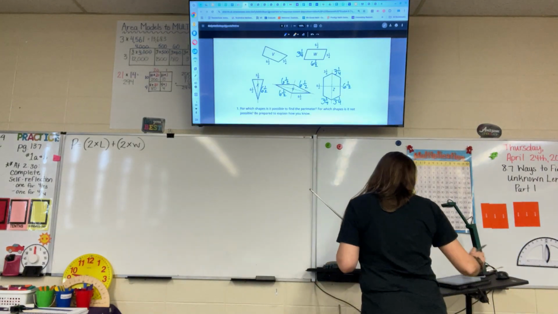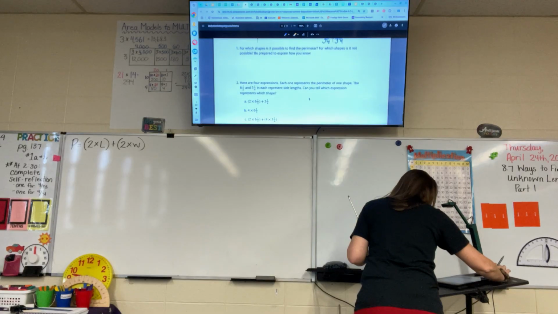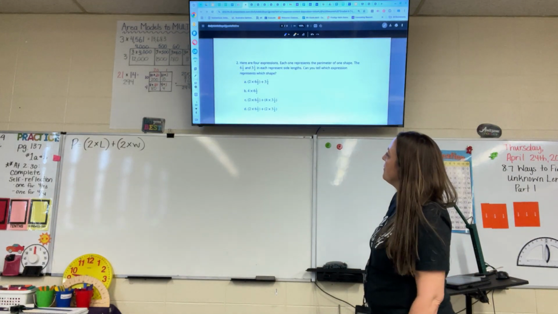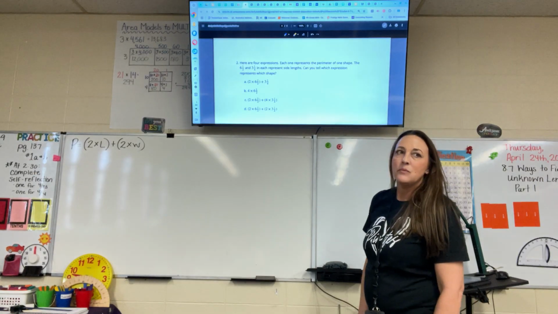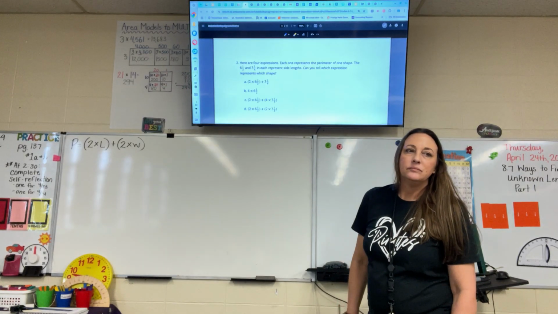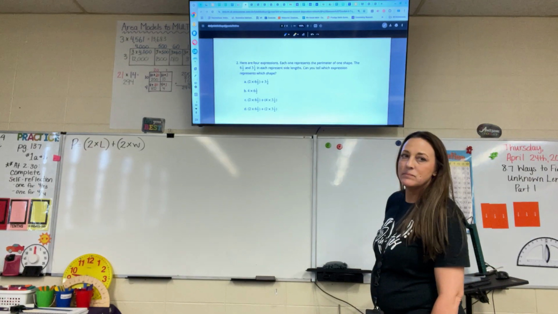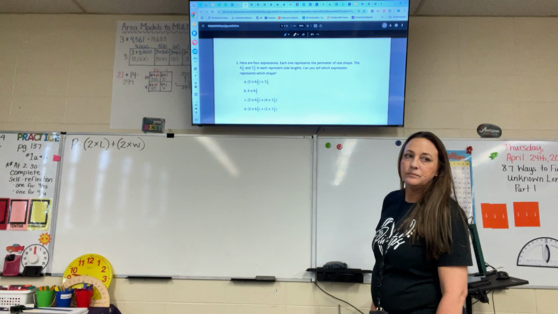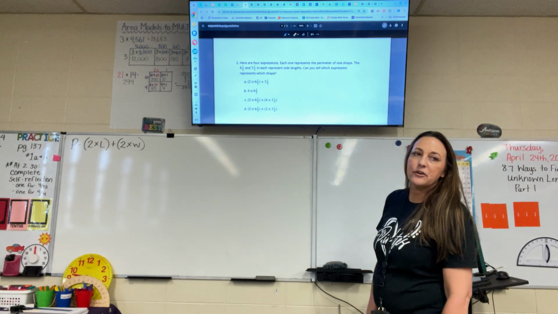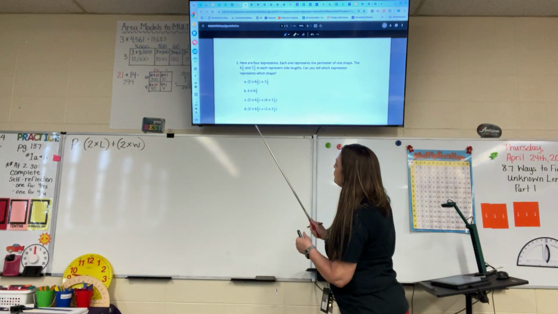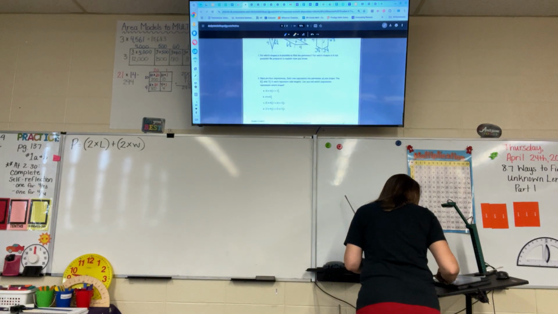So if we come down here, do you see which expression would match that triangle? The 2 times 6. What's the letter next to it? A. Does this describe the triangle that we just had up at the top?